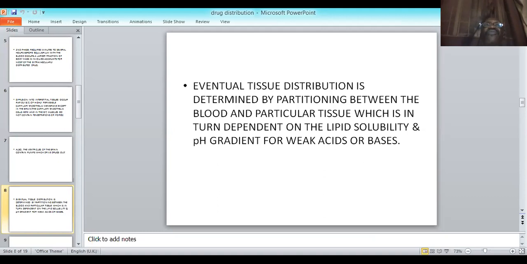For the placental blood flow, when you compare its pH with the pH of the blood in the systemic circulation, there is a bigger difference.